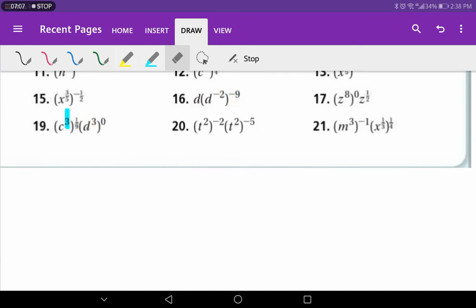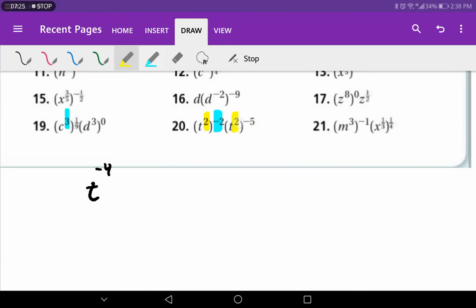Let us take 20 here. Now this power will multiply by this power. It gives me t with power negative 4.